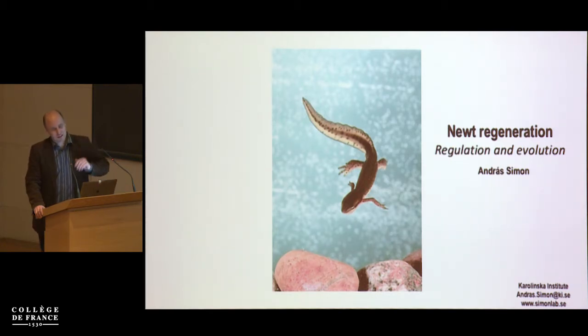In my talk, I'm going to illustrate how we do this in the lab, oscillating between development and regeneration, and oscillating to some extent also between species, newts on one hand, and we have done some experiments using mice as a mammalian model.